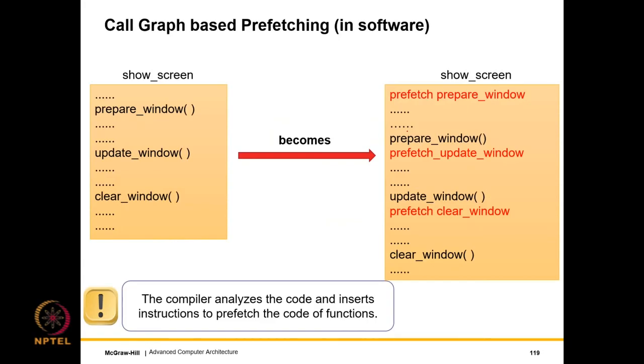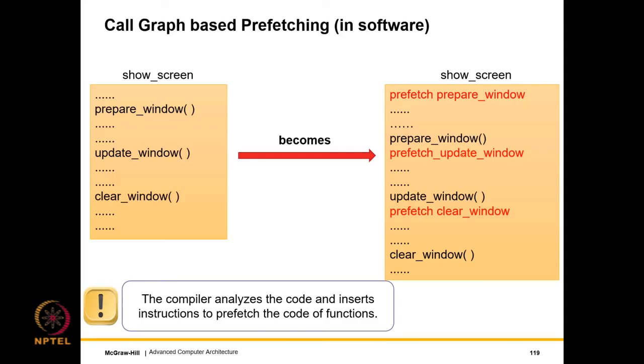There are two variants of call graph prefetching. One is in software and one is in hardware. We can do it in software first. This would require compiler intervention. The compiler would add instructions to the code that go to the memory system and prefetch instructions, that is, prefetch the code.